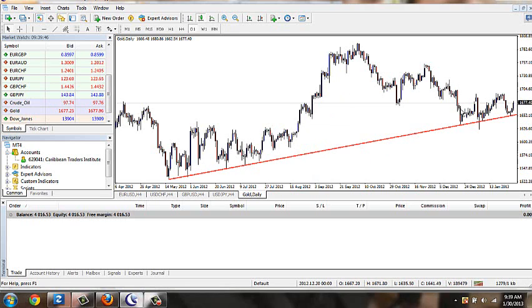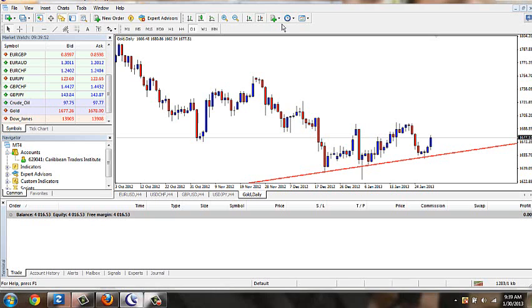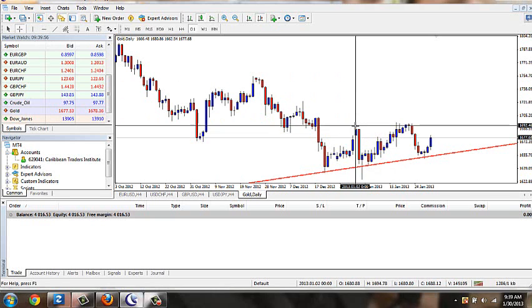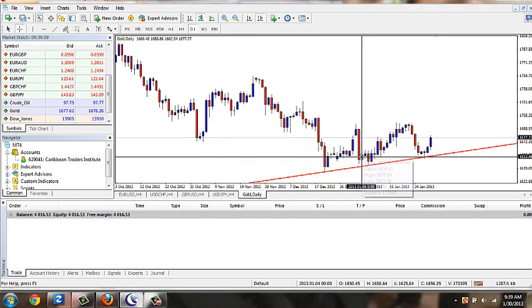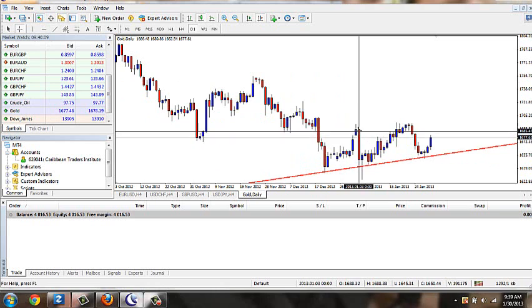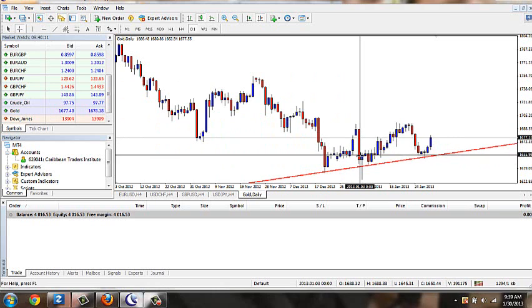Okay. Now, let's see going with this. All right. The 4th of January, gold made an attempt to break the trend line. Okay. You see this bearish candle, right?